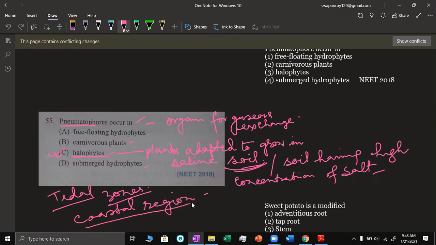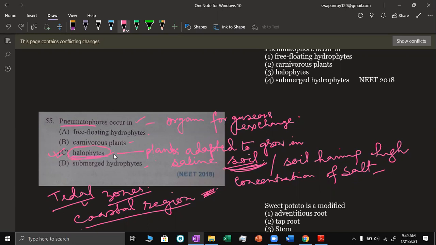In the sea coast, because there the soil is always covered with sea water, and the sea water brings a lot of salt. So the soil contains a lot of salt, and this type of plant is called halophyte, halo meaning salt.